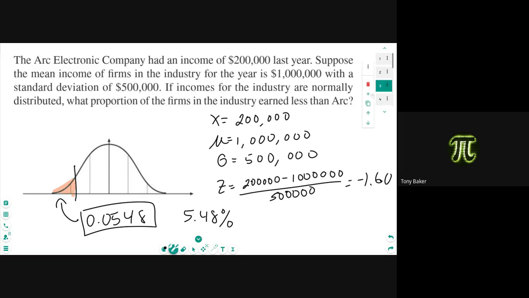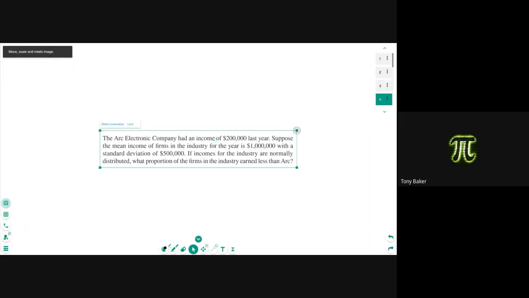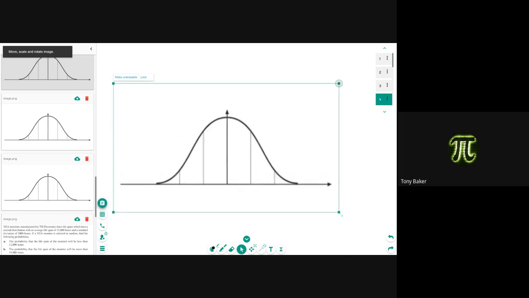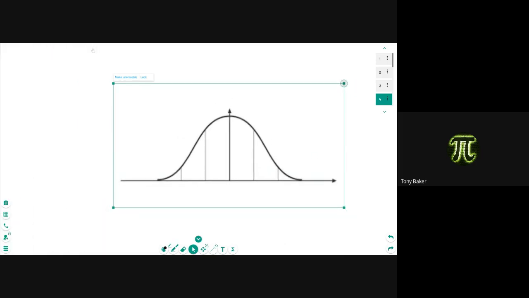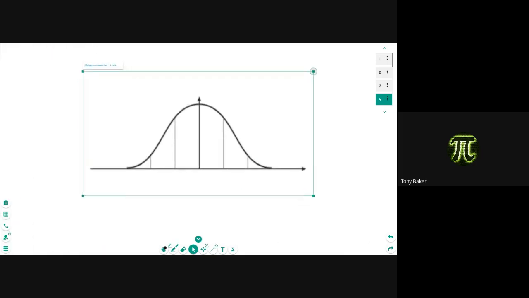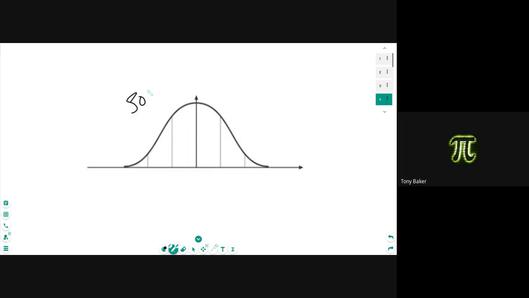So let me actually do this one real quick for the ones that were not here. If you remember, each side's 50%. So that's 50%, and that's 50%.